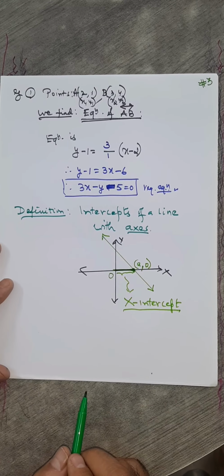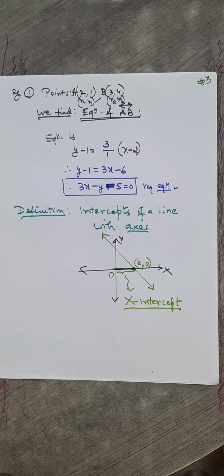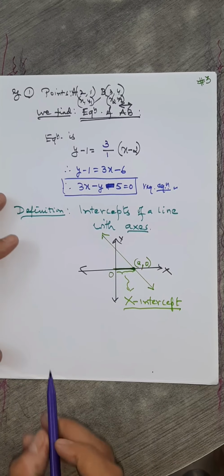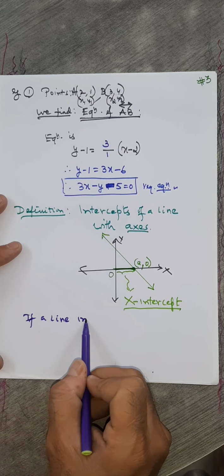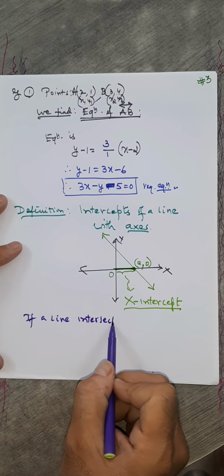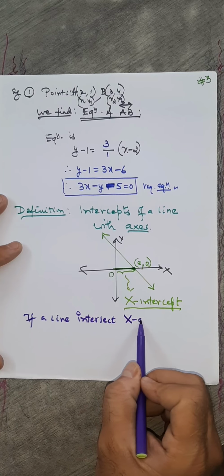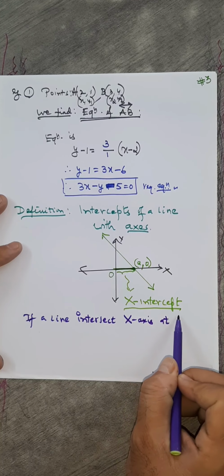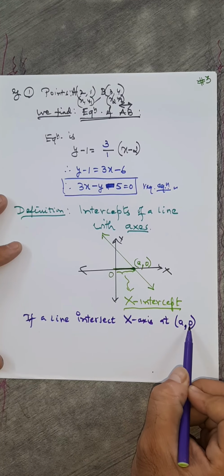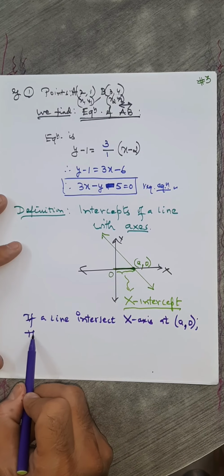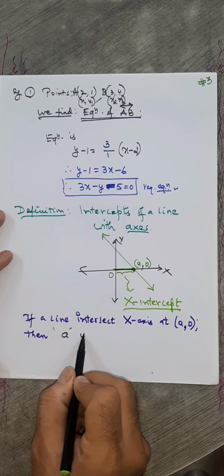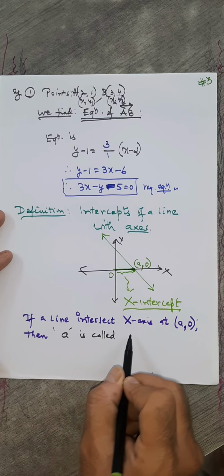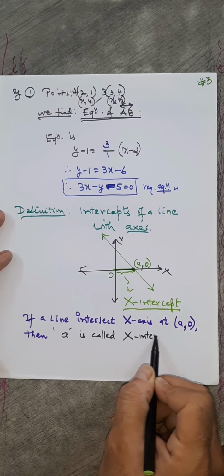Okay, that's one way to understand. The other way is, I'll write like this. If a line intersects the x-axis at a, 0, see the y coordinate is 0, then that small a is called the x-intercept of the line.